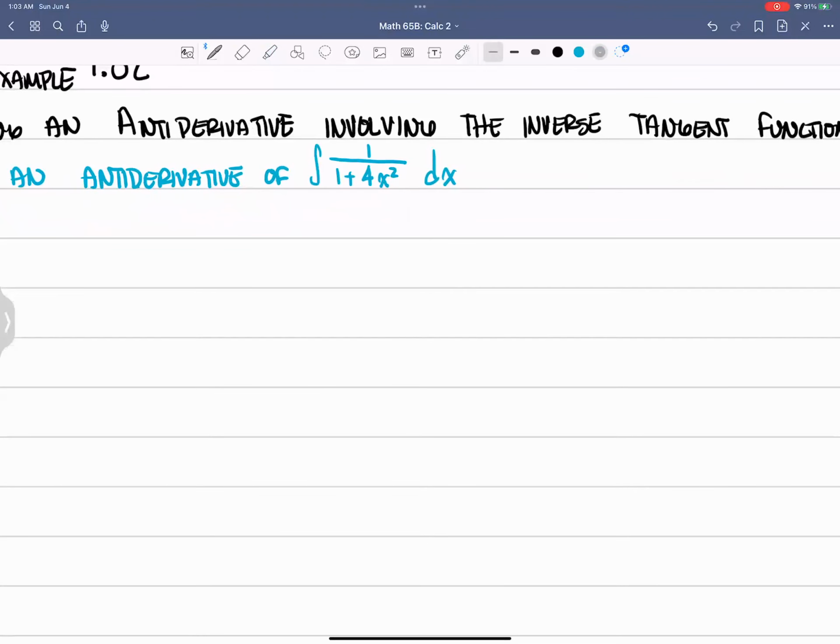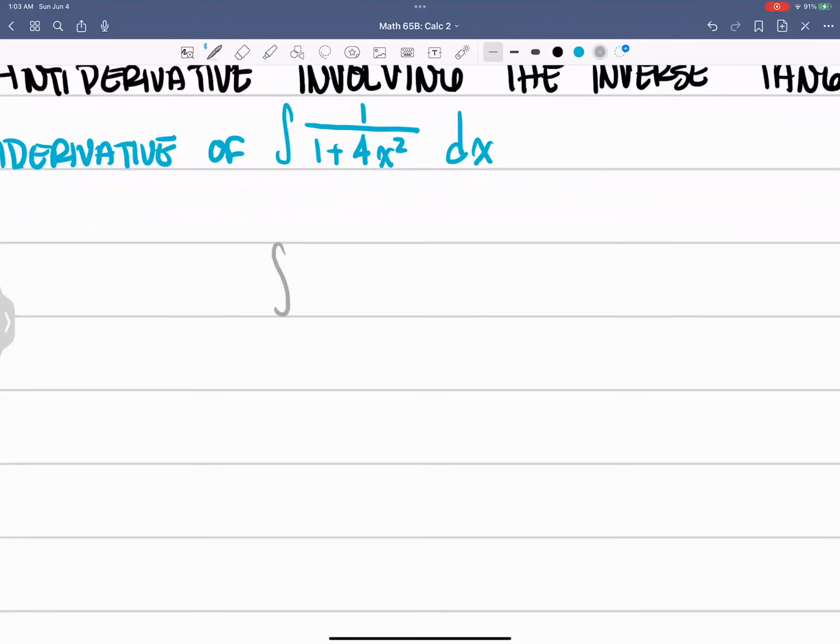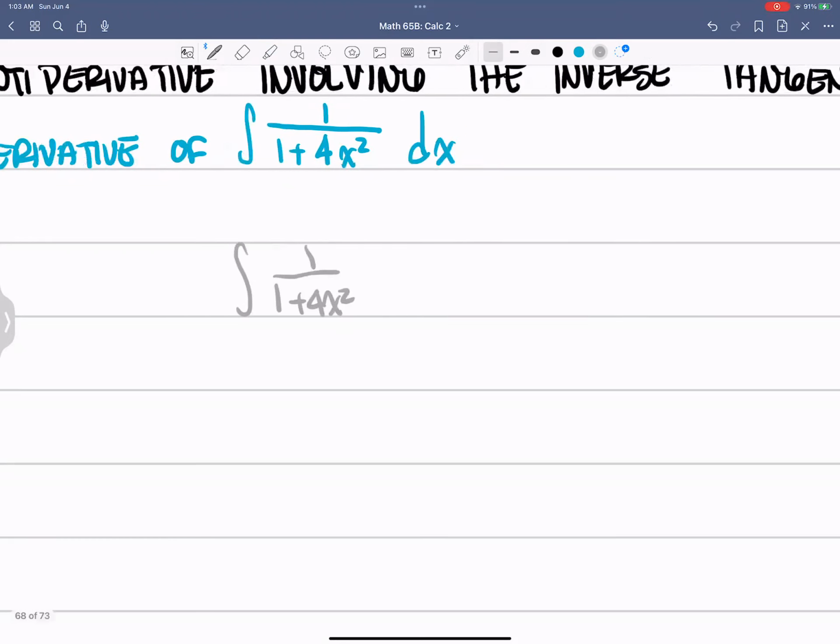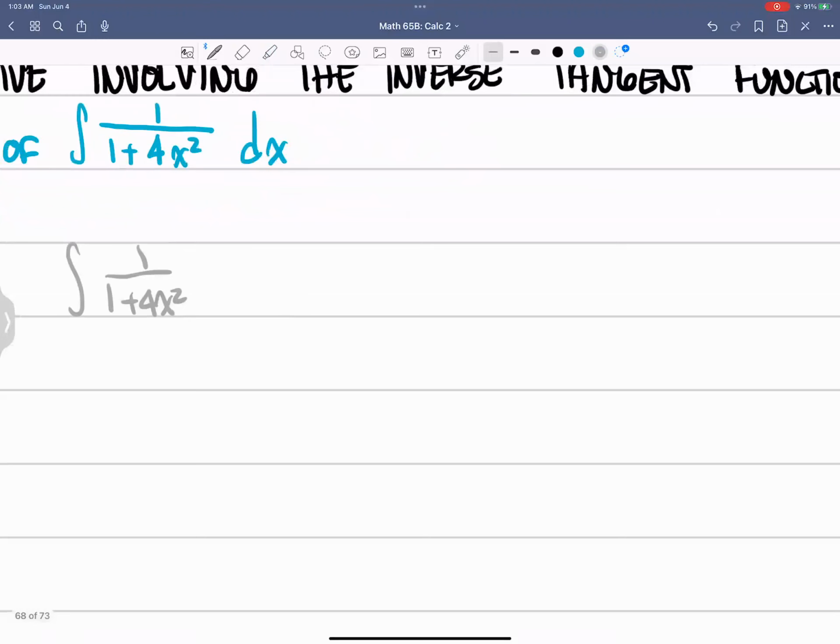So let us see what we have. So our triangle, let this equal y. And it looks like we have this out here, 1 plus 4x squared.